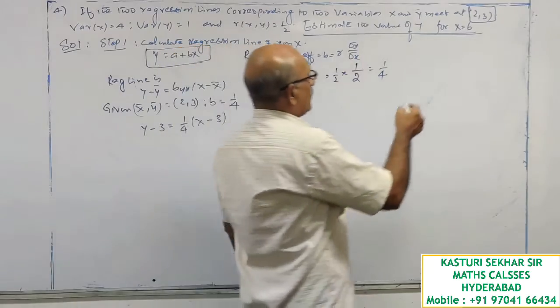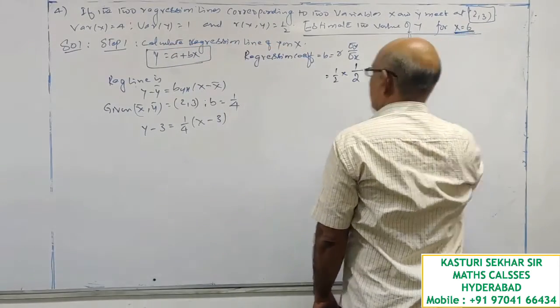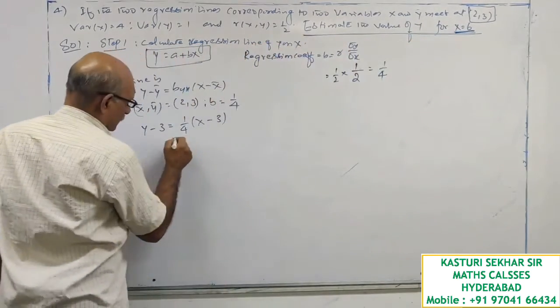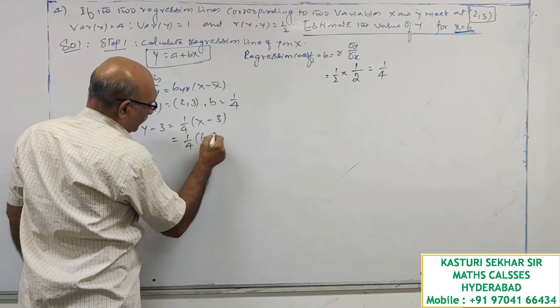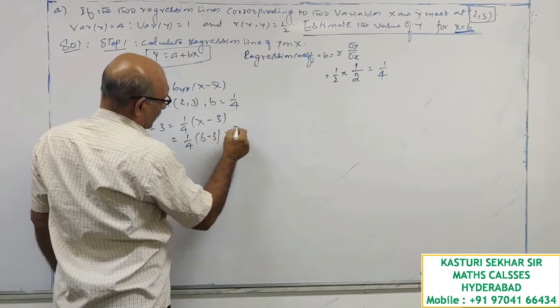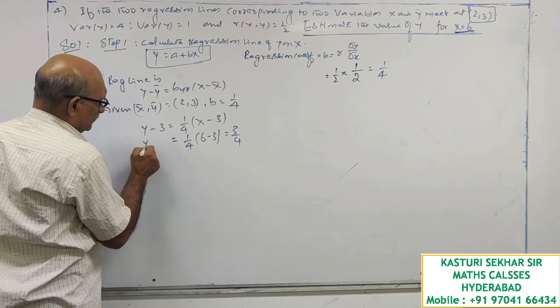Now look at this. The x value is given as 6. So 1 by 4 into 6 minus 2, that is 4 by 4, which is 1.